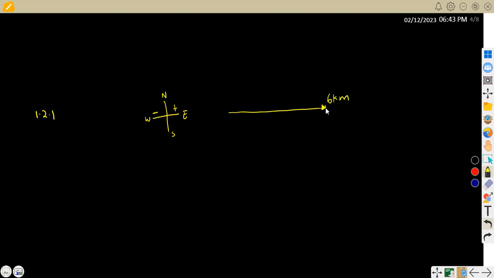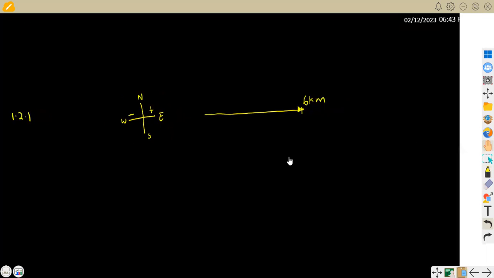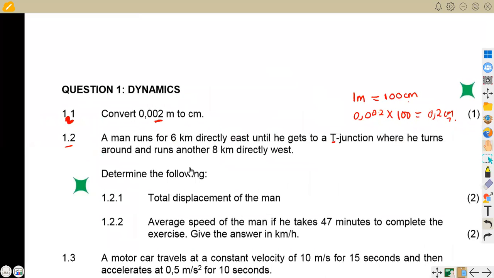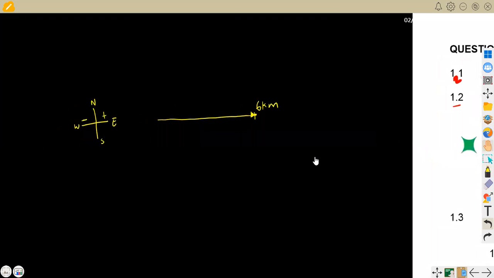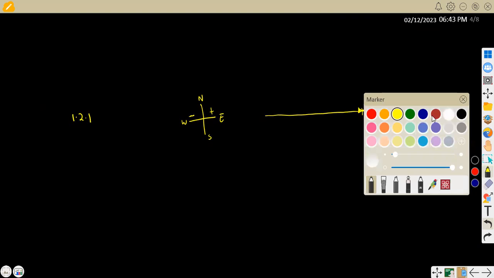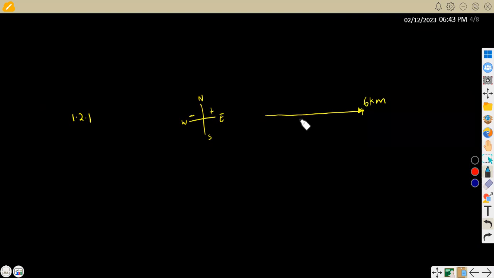Then he meets a T junction, and he runs back directly west for 8 kilometers. That is in the same line, but 8 is actually bigger than this 6. So we shall have our 8 going to the west like this.